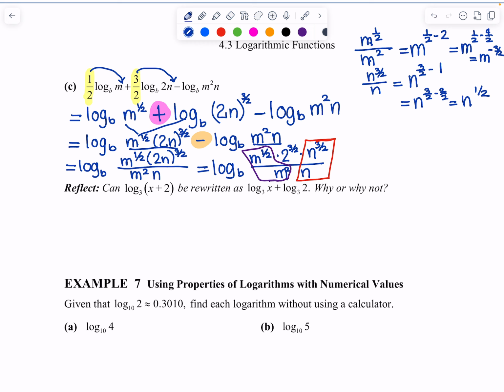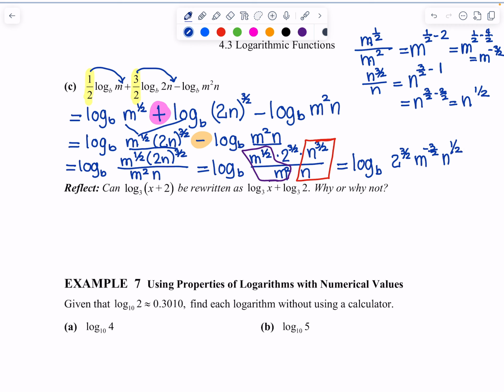So when I have it written like this, negative, that means it needs to go to the bottom. That's all that means. Let me write it like this first. We got log base b, and I'm going to put 2 raised to the 3/2 in the front. Then I'm going to write m raised to the negative 3/2, and then n raised to the 1/2.